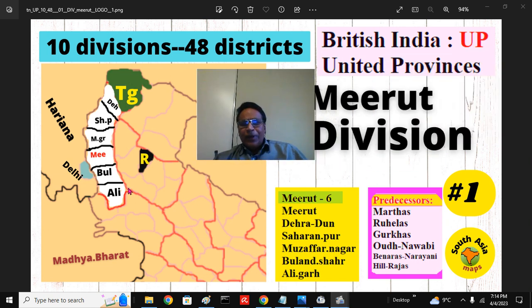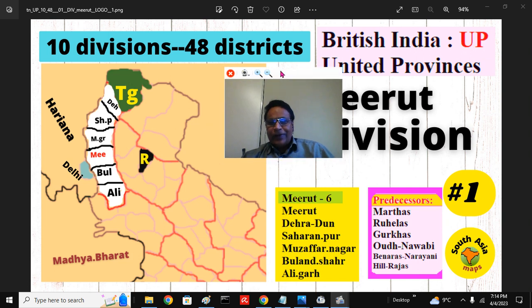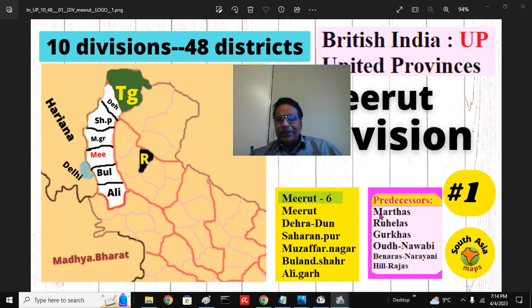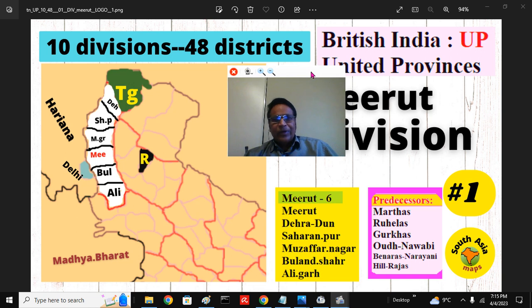Its predecessors, if you take away the northern Uttaranchal region, were territories ruled by the Marathas, the Rohillas in Rohilkhand, Hill Rajas and Gurkhas in the Uttarakhand region, the Nawabs of Awadh, and in the Benares region the Narayan dynasty. Finally the United Provinces was assembled.